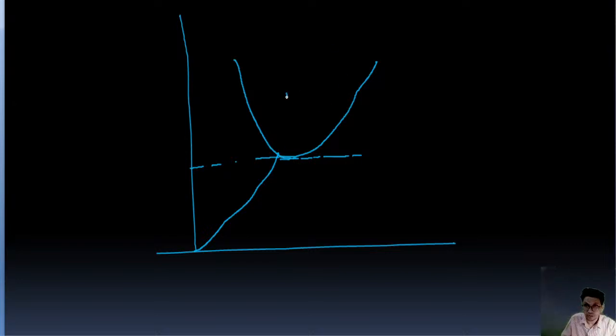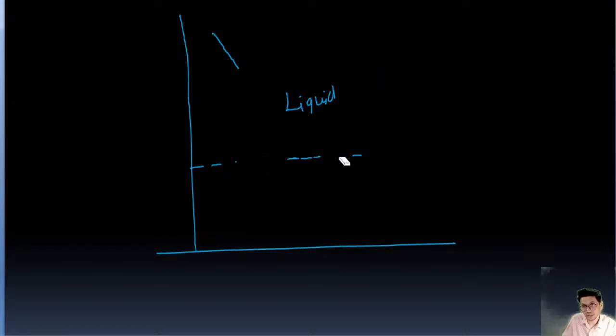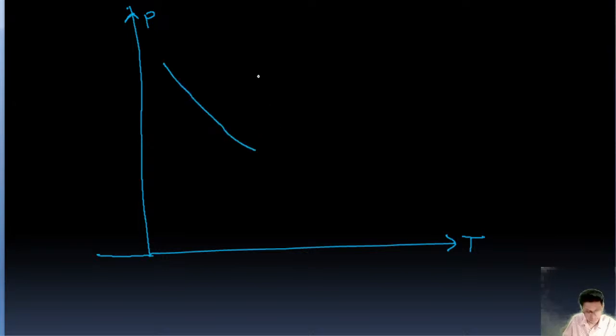This is liquid. This is P versus T, and this is the graph, and this will go like this. So this is the fusion curve.